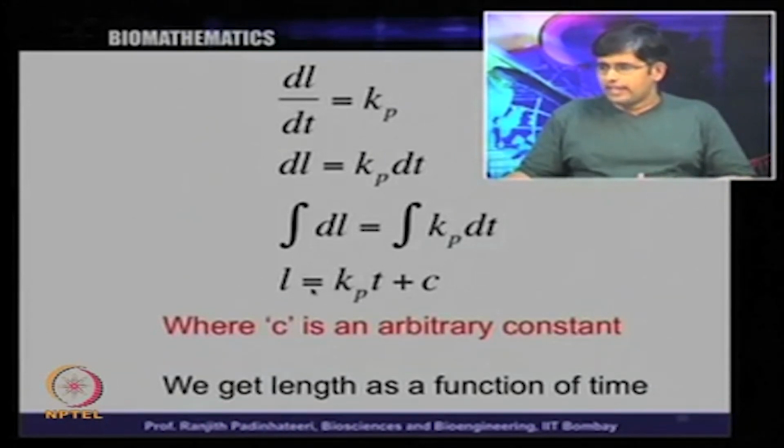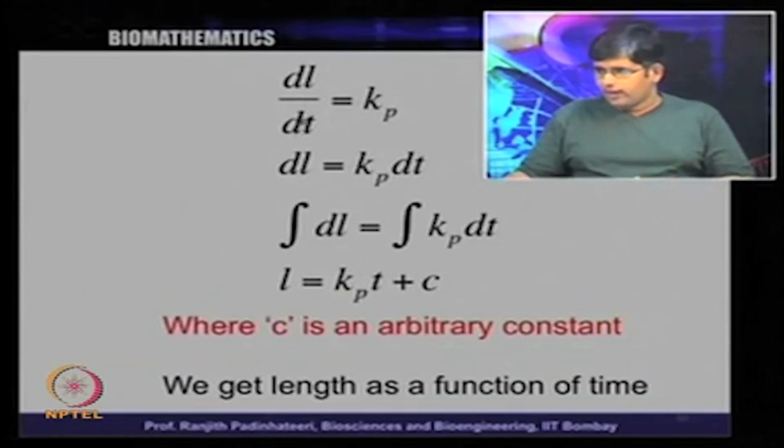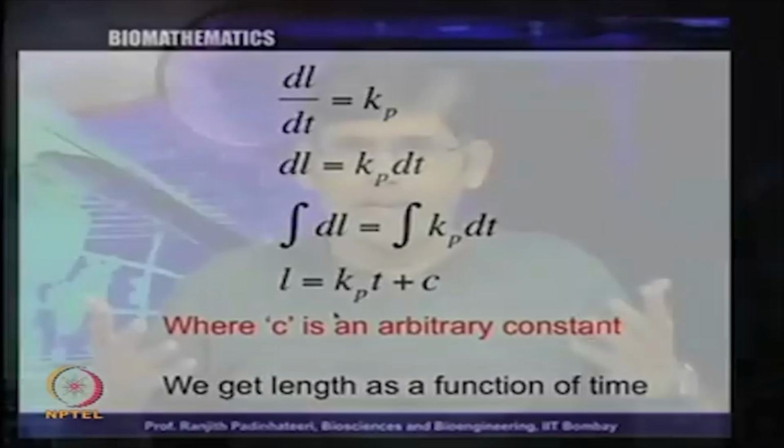So, given any value of t, you will get a value of L. Going from dl by dt to L equal to kpt plus c, we call that the solution of the differential equation. In this slide, we have solved the differential equation and written down the solution. The solution tells you how the length changes as a function of time, so we have got the length for any value of t.